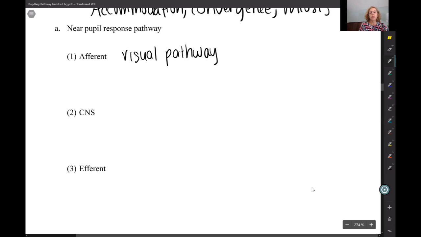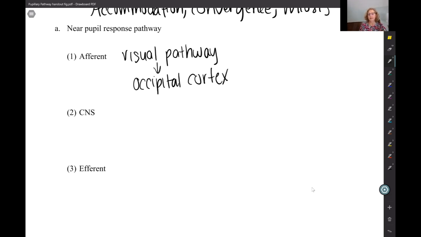But this one goes all the way back to the occipital cortex. Remember that the light pathway only went to the lateral geniculate nucleus. So rather than light, the signal that starts the near pupillary reflex is going to be either blur or double vision.